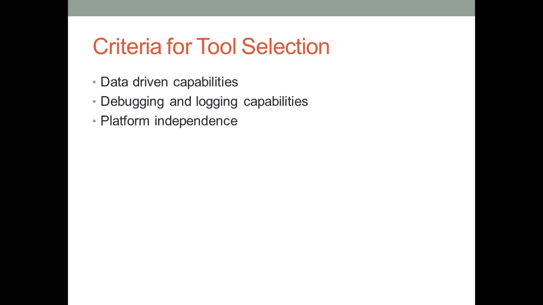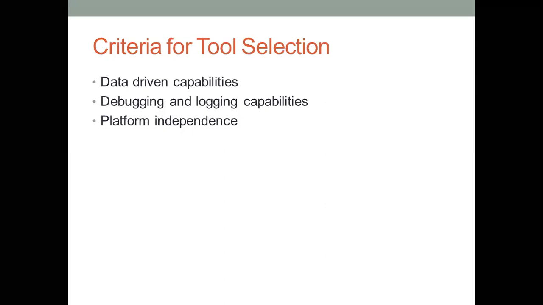Third, platform independence. All of you know what platform independence is. Java language is platform independent, that program will run on any operating system. So platform is not the criterion here.